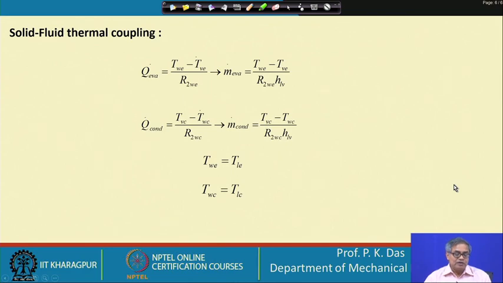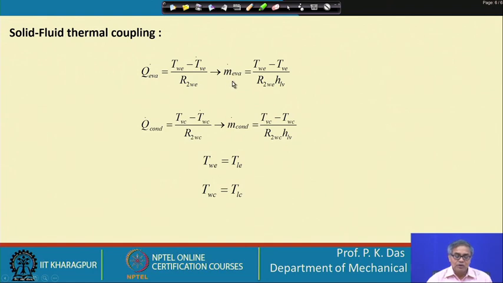Solid and fluid thermal coupling. Now we can determine Q, the evaporator side heat, knowing the wick temperature within the wick, the temperature of the vapor in the evaporator, and the resistance.